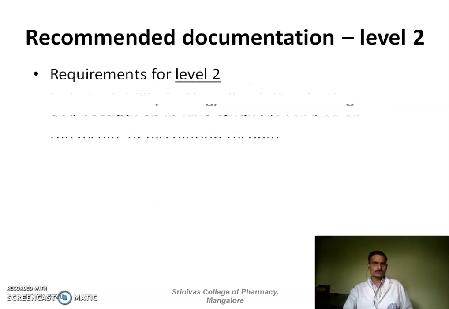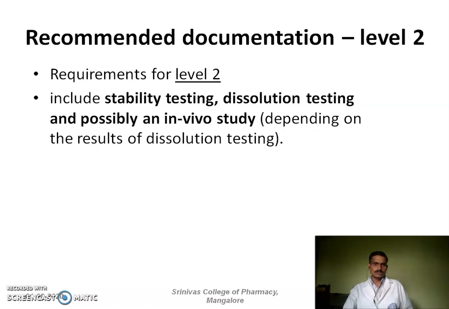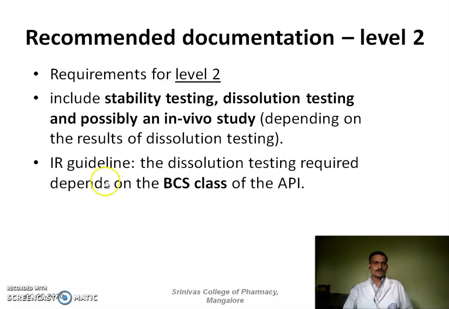And for level 2, it's a moderate change. Stability testing, dissolution testing and in vivo study depend upon the result of dissolution testing once again. And for IR guidelines, the dissolution testing required depends upon the BCS class of the API.